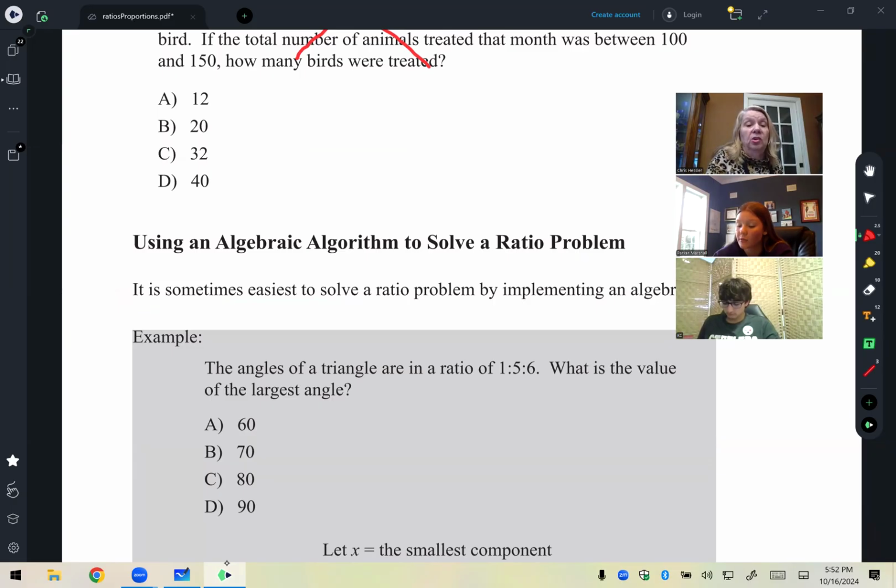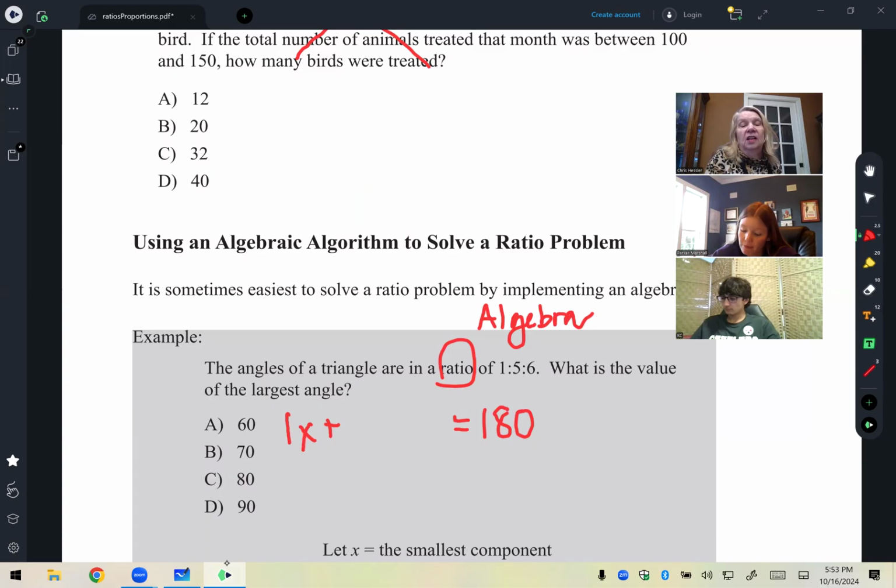Sometimes when you see a ratio problem, you need to use algebra. So let's focus on this one. So we know from our triangle lesson, the angles of a triangle are 180. So we'll have 1x. Be sure you tell us how you do, Jace, okay? Because we're going to be waiting to know. So we have 1x plus 5x plus 6x, 180 degrees.